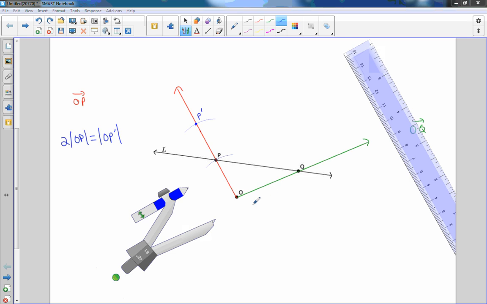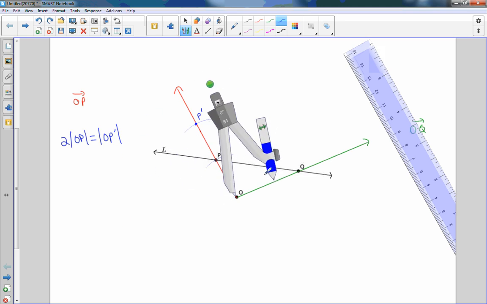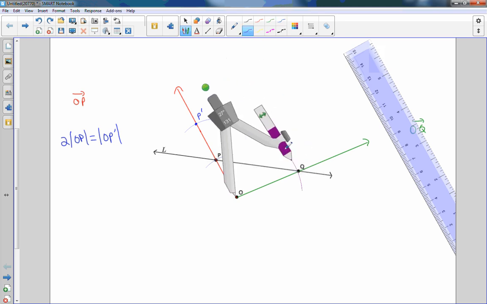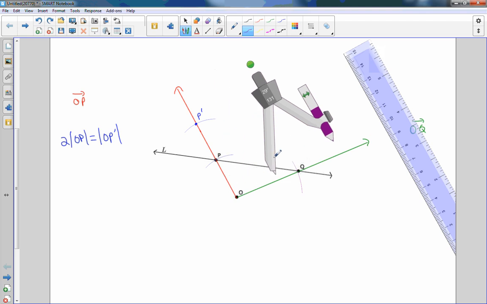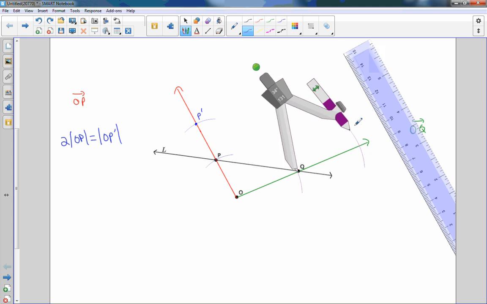Okay, so now I'm going to repeat that process with OQ. If I rotate this over and put this on here and swing this out until I'm at the distance Q, and let me change to purple now, and I draw an arc there, that's the distance from O to Q. Then I'm going to move up to here and mark it again, and now this point here is Q prime.